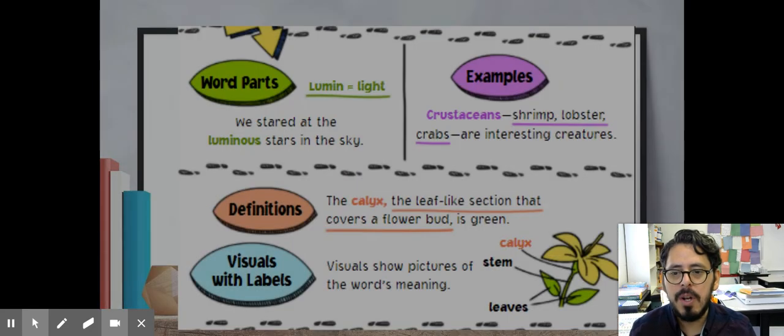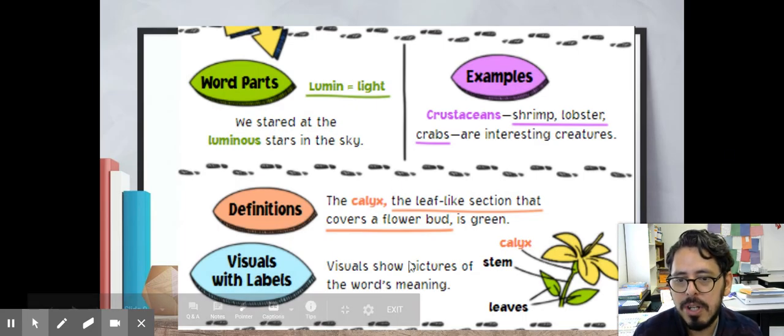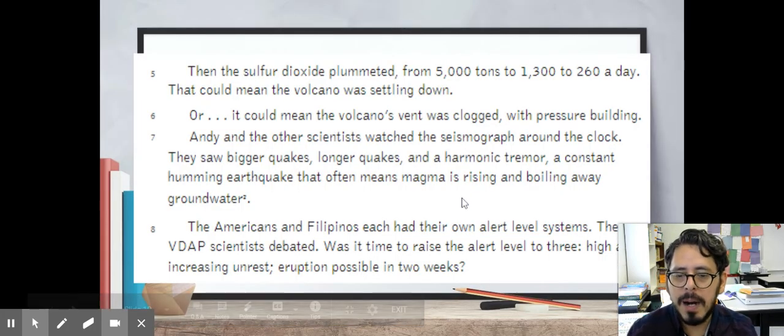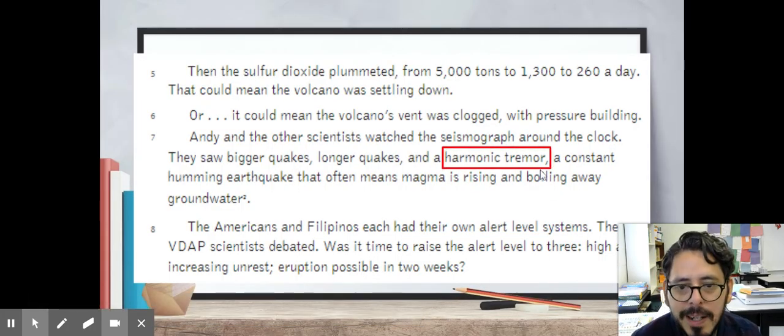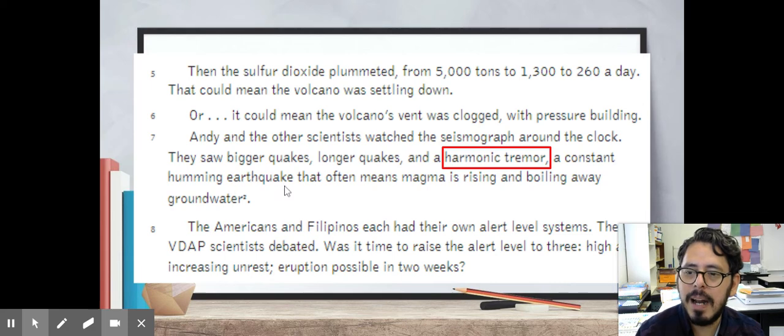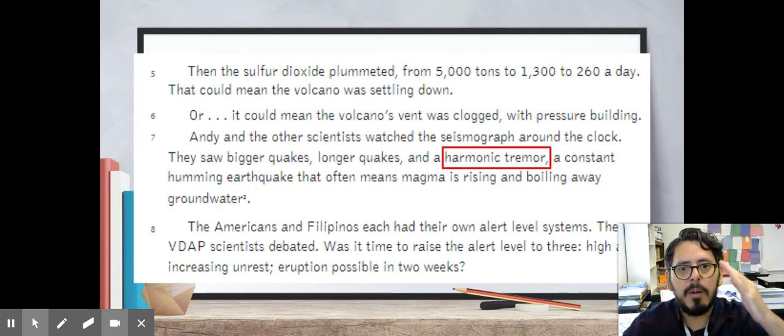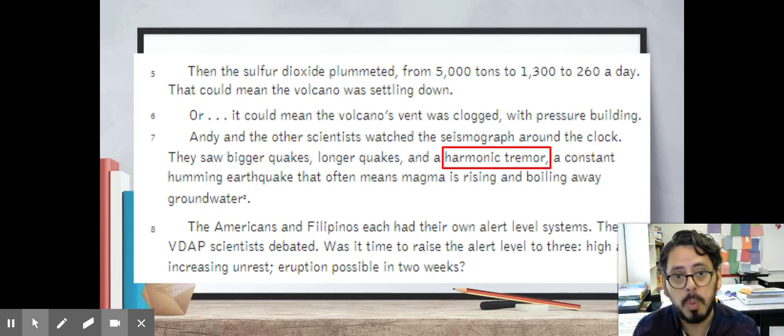Remember when I told you that sometimes they give you the definition right after a comma? This is one of the cases. Check it out. A harmonic tremor, comma, a constant humming earthquake that often means magma is rising and boiling away groundwater. You see? It's pretty simple. That's what a harmonic tremor is, a constant humming earthquake. We have the definition right there.